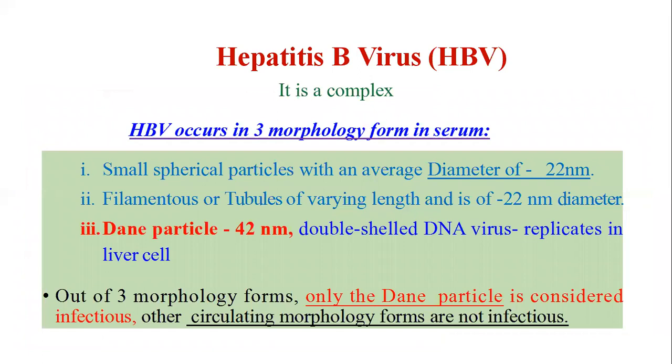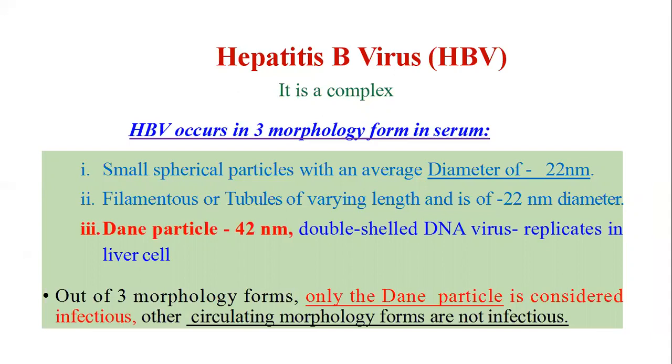Here you can see the smaller spherical particle with an average diameter of 22 nanometers, and the filamentous or tubular particle, which also has a diameter of around 22 nanometers.